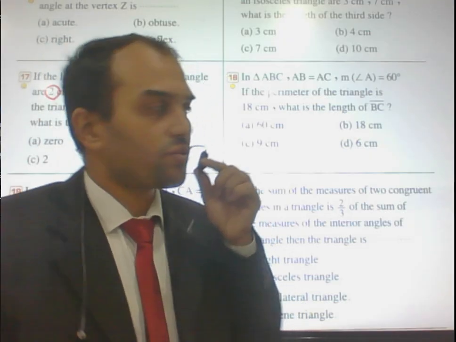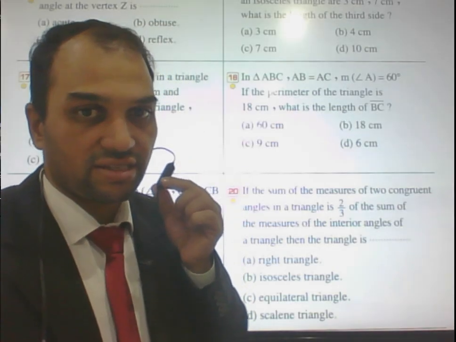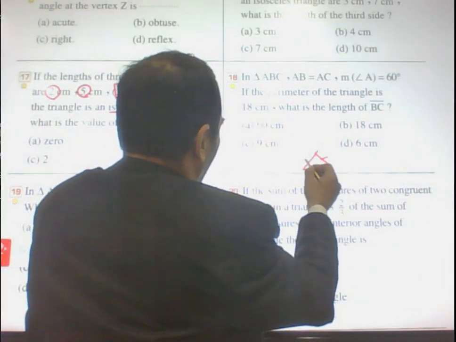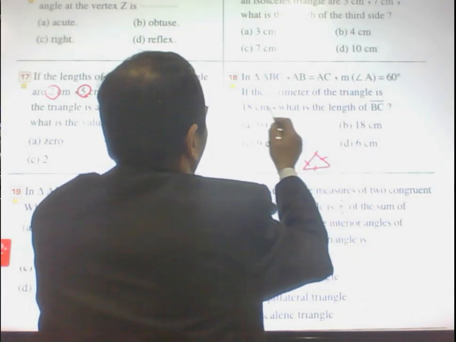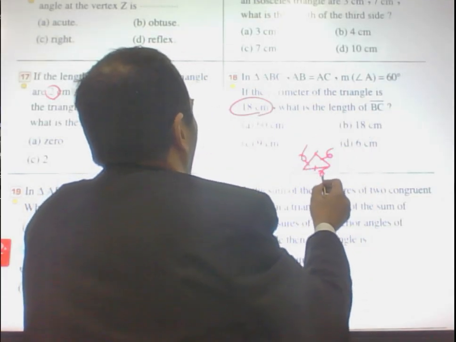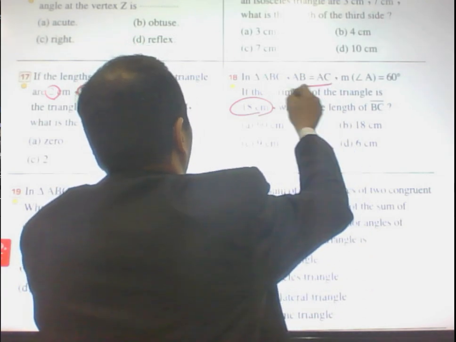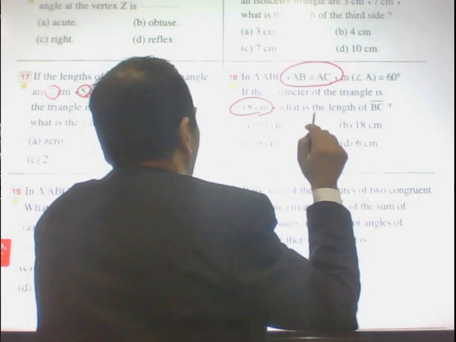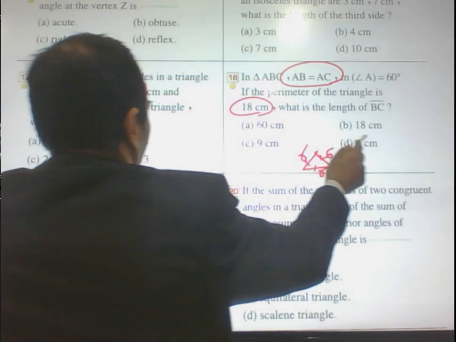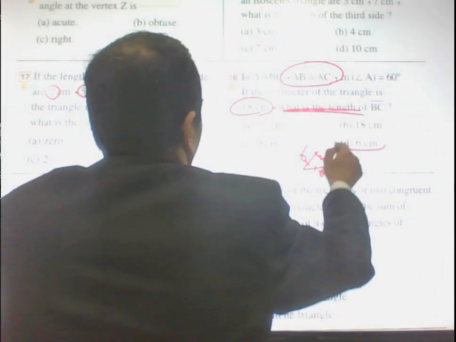The perimeter is 18, divided by 3 equals 6. The side length here equals 6 centimeters, so BC equals 6 centimeters, because the triangle was isosceles and its inside angle measures 60, so all angles are equivalent.